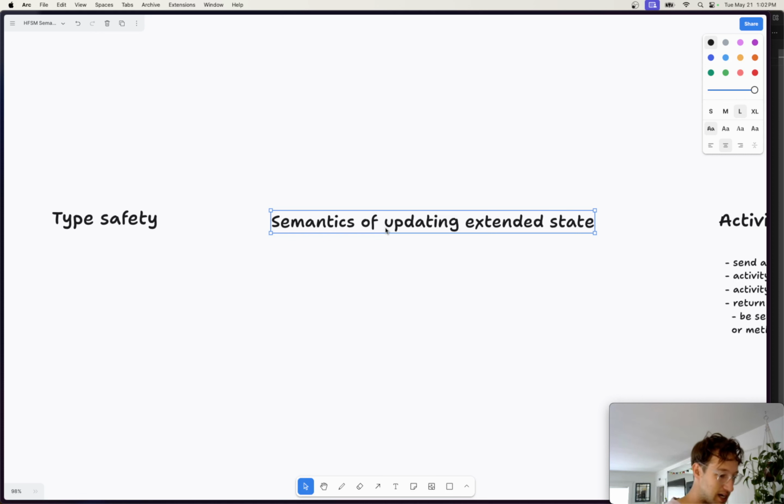And there's always one copy of the extended state, and then you don't have to worry about this transition seeing this extended state, and this other transition seeing this different extended state, and that doesn't make sense. There's a whole can of worms that opens up once you start having a more immutable data model for your extended state. And I've seen this happen with XState too, and I'm not sure.